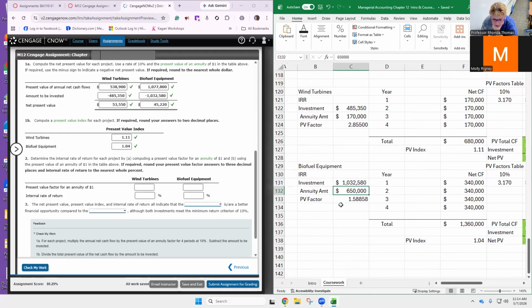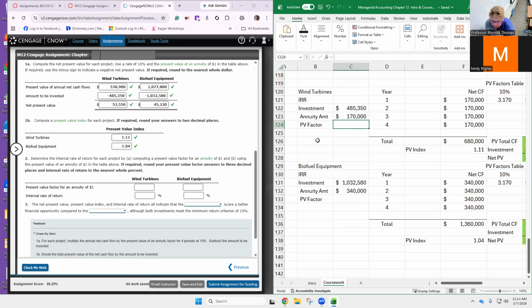Now, here's where I don't have the right number. I keyed this in last night because I was in a hurry. What I really want it to do is make it equal one of those years. Now I'm going to take this out, because I want to show you we're going to calculate a present value factor.